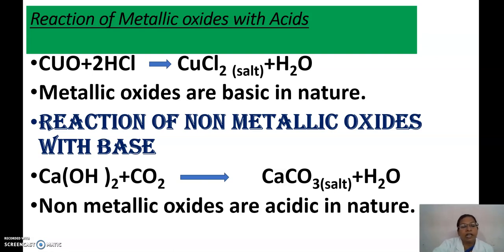So from this we can conclude that non-metallic oxides are acidic in nature. We can test this with litmus paper: the blue litmus paper will change to red. So in general we can say that all metallic oxides are basic in nature and all non-metallic oxides are acidic in nature.